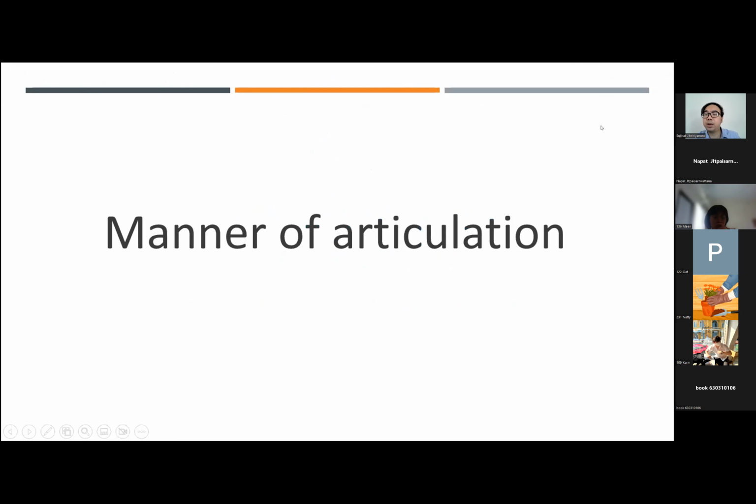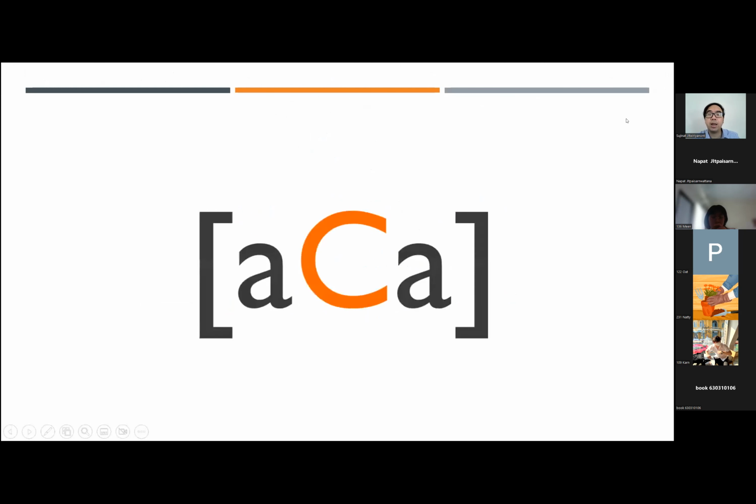So today I'm going to illustrate a very basic visualization. It is a manner of articulation. When we want to test whether the speaker can pronounce the sound correctly or not, we can put a consonant in intervocalic position.